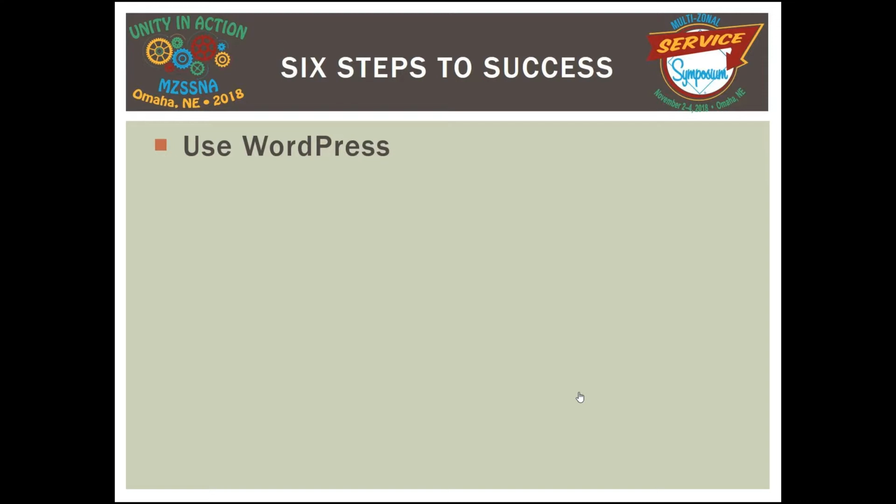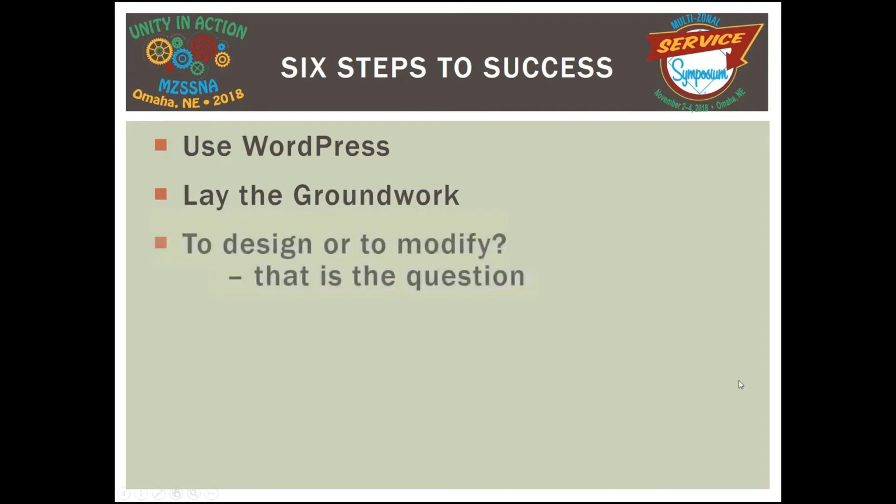So there are 6 steps to success, and I'll summarize them quickly here first. Number 1, use WordPress. I'll get to why later. The next is laying the groundwork. What is your purpose? Hannibal Lecter talked a little bit about that as well. The next question you need to answer is, do I design or modify?